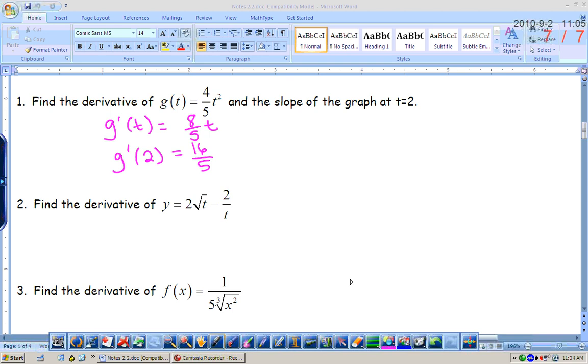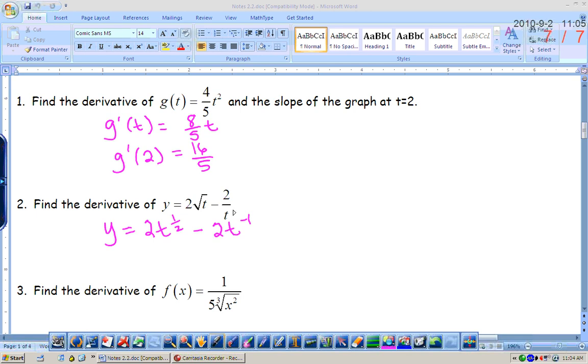Number 2, find that derivative. I probably want to rewrite this before I start taking the derivative because I want everything in terms of a variable to a power. So how would I rewrite? Okay. So 2t to the 1/2 minus what? Negative 1. Good. Notice that when I rewrote that, I still wrote y equals because that's still y.